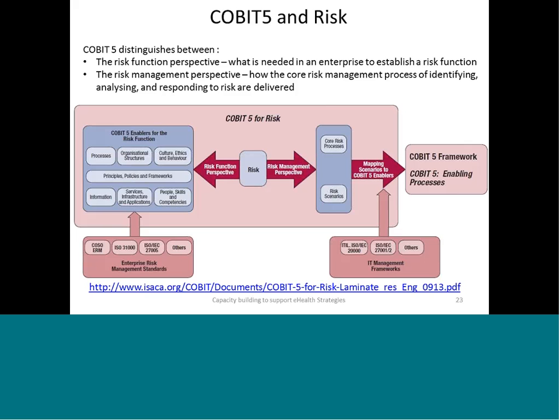And COBIT 5 for risk has two parts to it. One concerns what an enterprise needs to do to establish a risk function, responsible for actually managing, for identifying risks, and then the process of risk management.